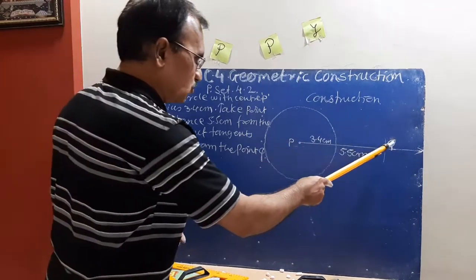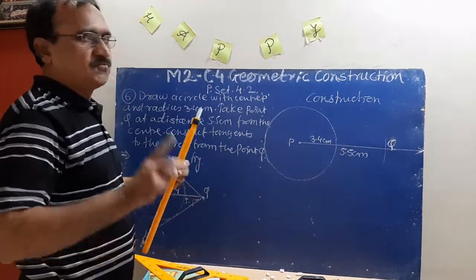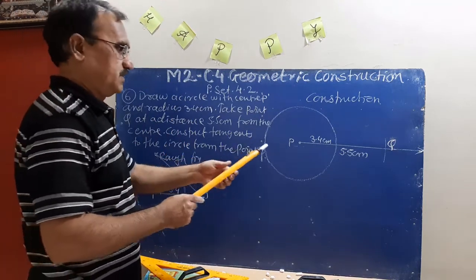Here distance PQ is 5.5. You know the first basic construction, the bisector of a segment.